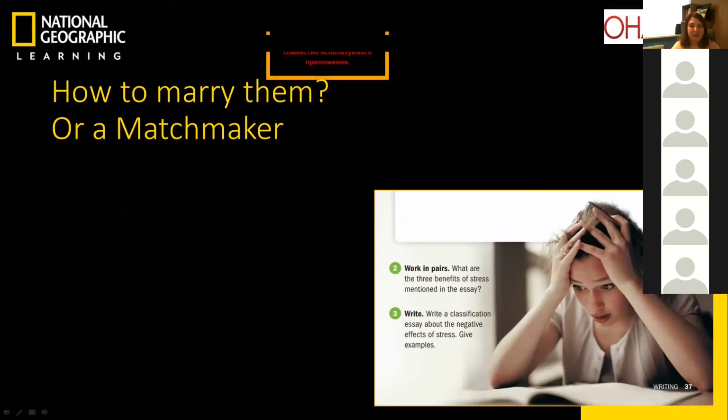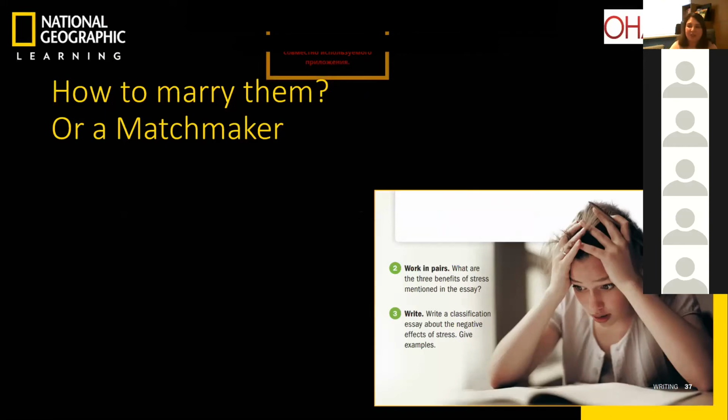She's stressed out. Maybe the reason why she is stressed out is a little bit different. But desperate teachers can feel absolutely stressed out when they need to adapt tasks. So how can we marry tasks and activities? What can help us?